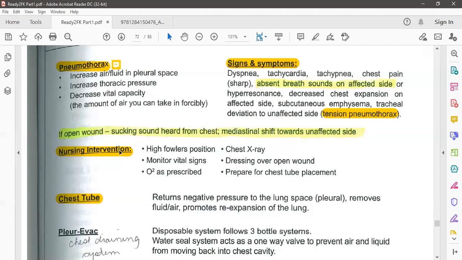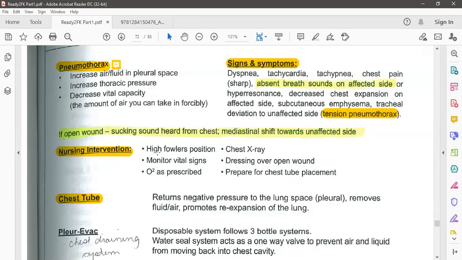Now you can ask me, what is the nursing intervention? What can we do? Our first job is to give oxygen. Then medications like a bronchodilator, and an opioid if they have chest pain, and finally a chest tube for pneumothorax or hemothorax.